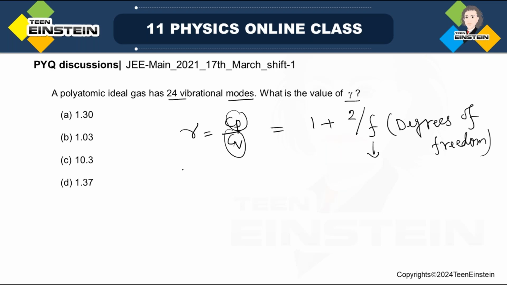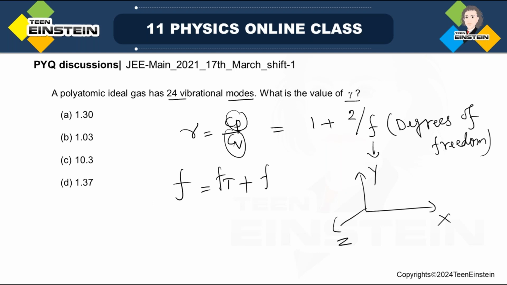Degrees of freedom: there are actually three kinds. One is translational degrees of freedom, I'm writing FT. Translation in 3 dimensions, along the x-axis, y-axis and z-axis, so you will have 3 translational degrees of freedom.